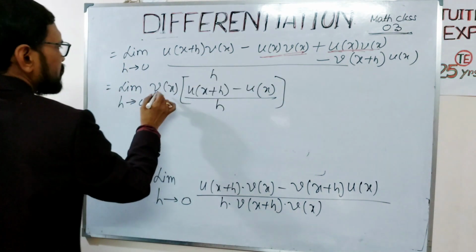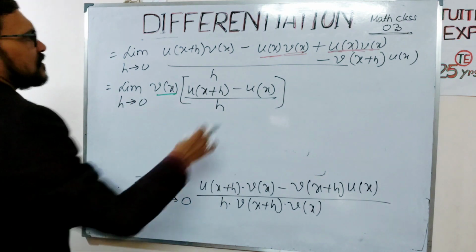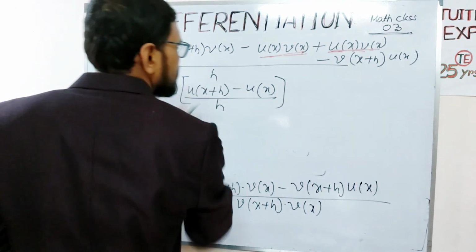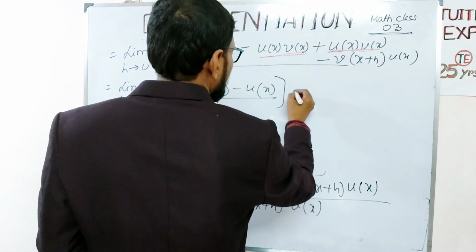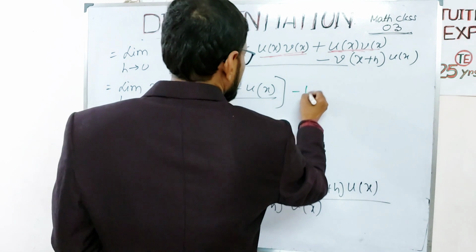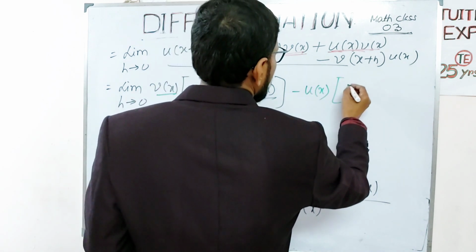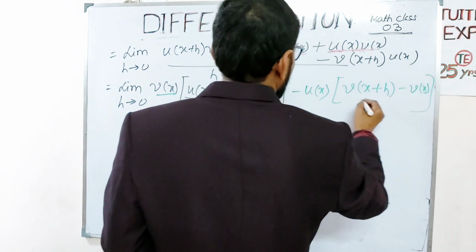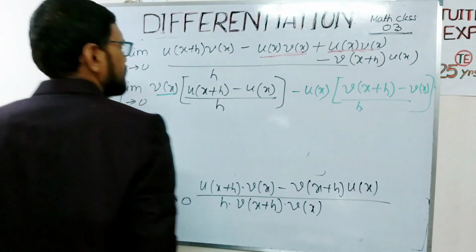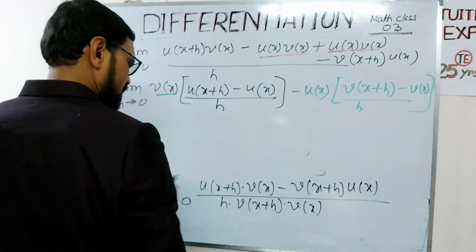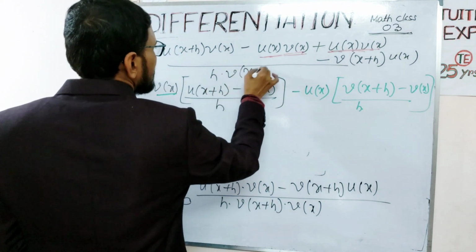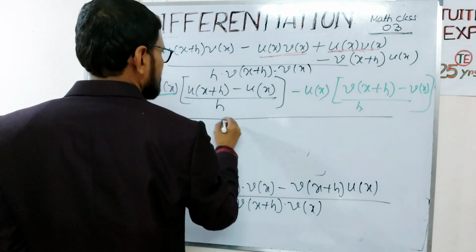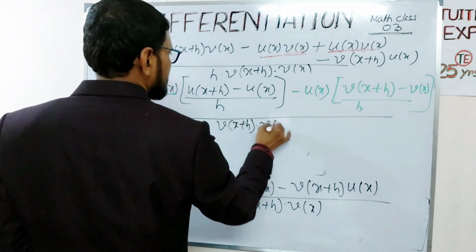From this we take common v x, and from this we take common minus u x, so this becomes v of x plus h minus v x by h, divided by v of x plus h into v x.